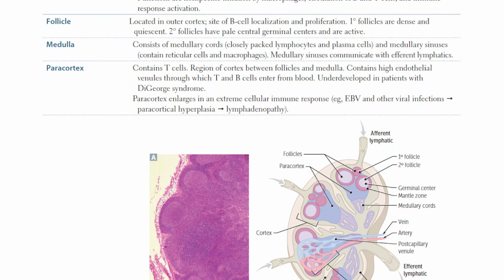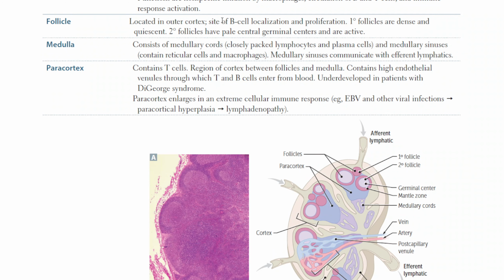That's the follicle. You can see those little round things on the external part. This is the follicle, localized in the cortex.